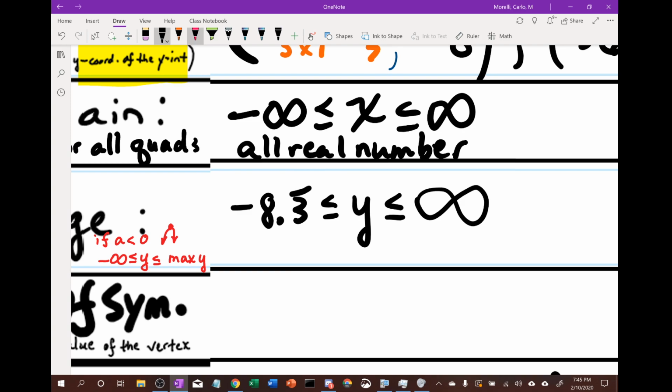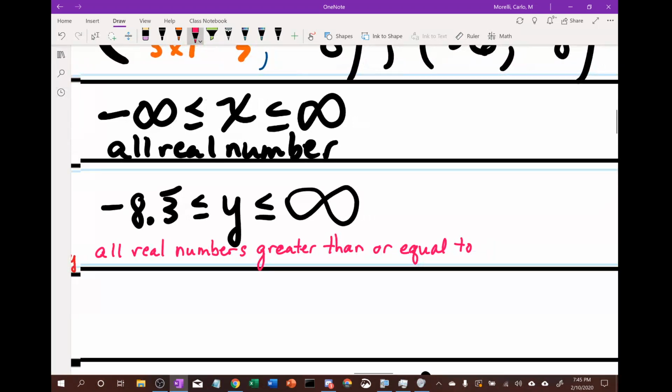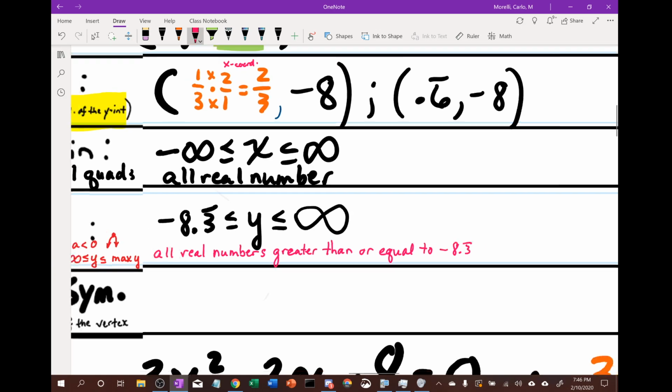And so the way you could say that in English, because sometimes the STAAR test won't give you the symbolism, they'll write it in English: all real numbers greater than or equal to negative 8.3 repeating, or 4/3.